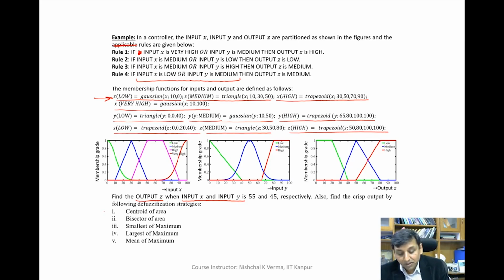These defuzzification methods are mentioned here: you have to find the crisp value by using centroid of area, bisector of area, smallest of maximum method, largest of maximum method, and mean of maximum method. So these we have to use. Let us first find the output for X is equal to 55 and Y is equal to 45.